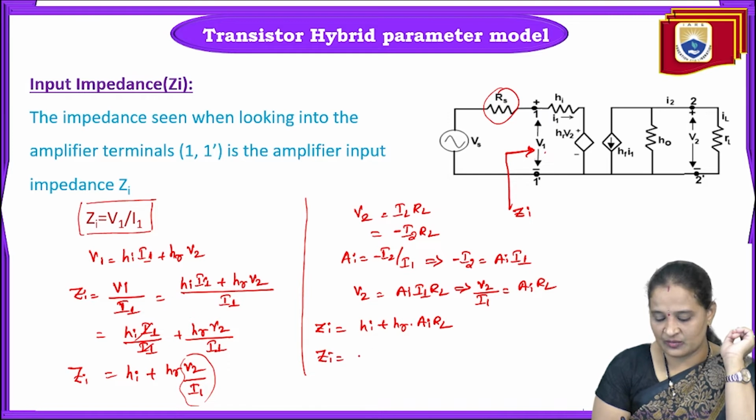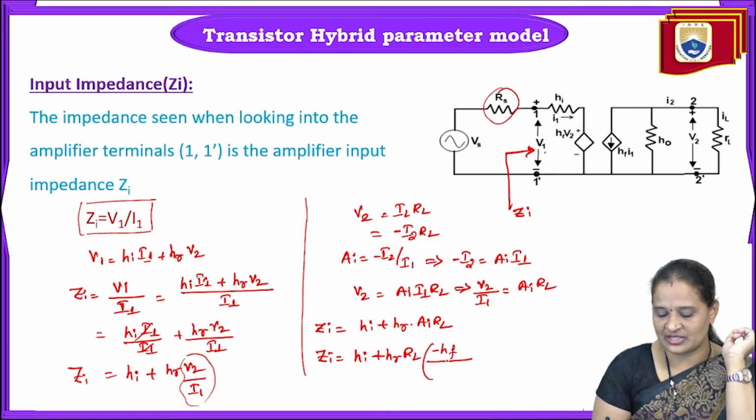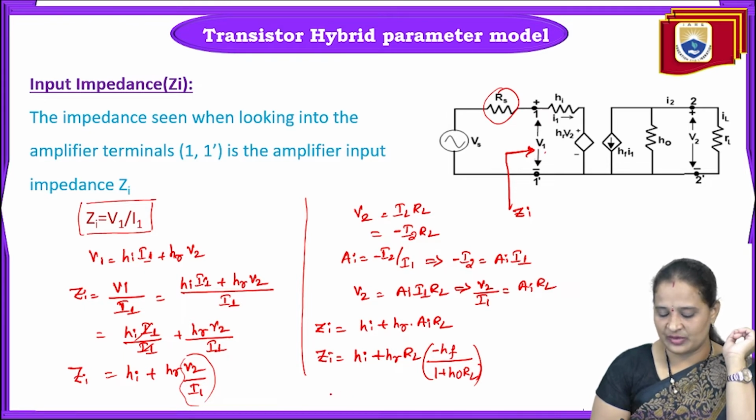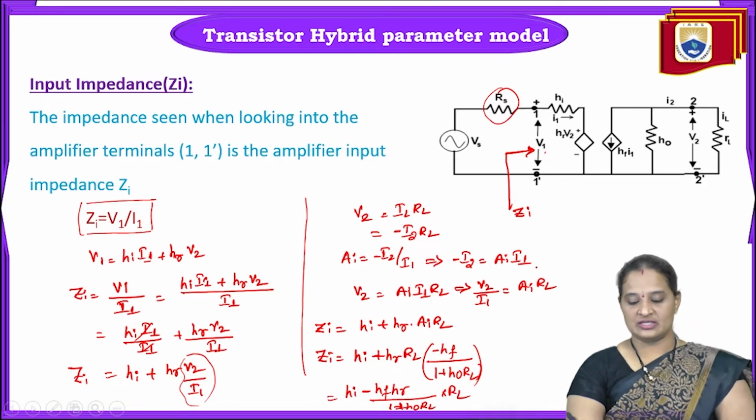So AI can be written as minus HF by 1 plus HO into RL. Now I can write this equation as HI minus HF into HR divided by 1 plus HO into RL, into RL. So this is the equation.